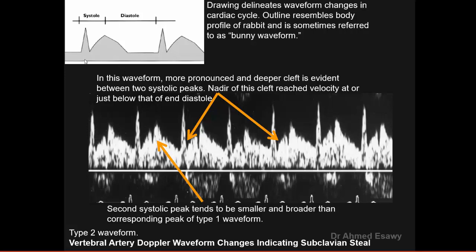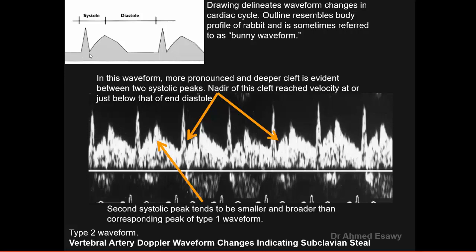In this waveform, a more pronounced, deeper cleft is evident between two systolic peaks. This is one systolic peak and another, and the notch which is present in type 1 is deeper in type 2, and this is the cleft.